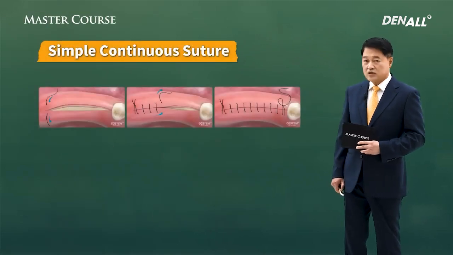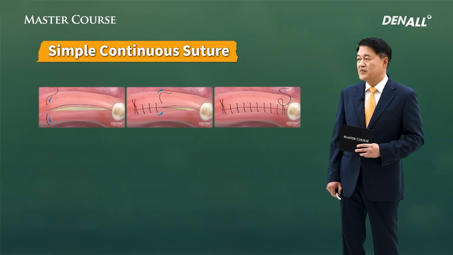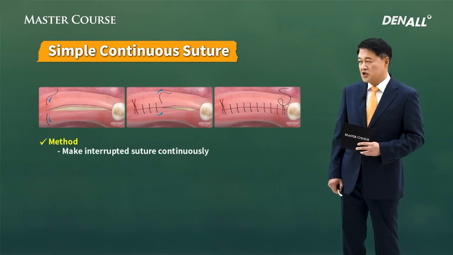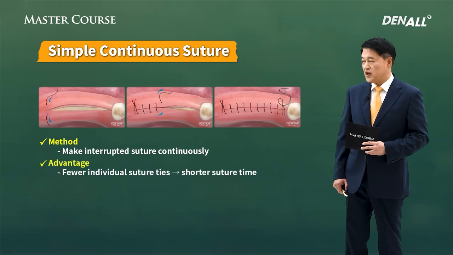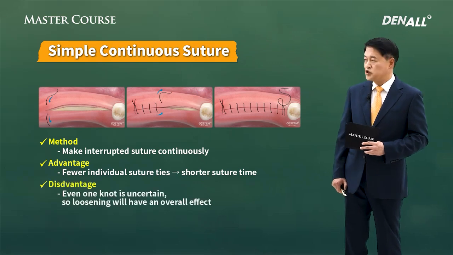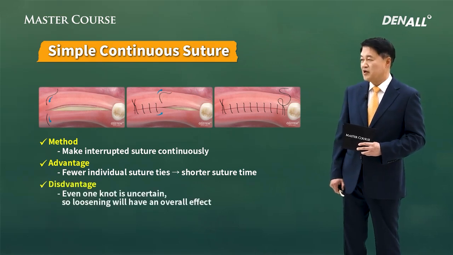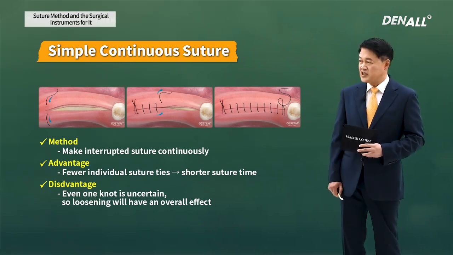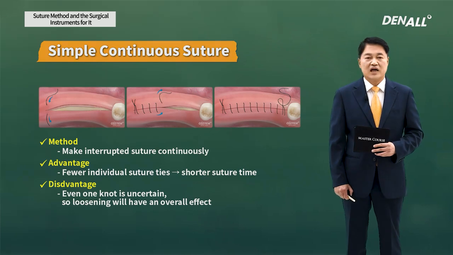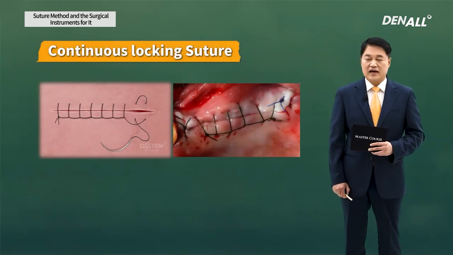Next, we have simple continuous suture. This is continuous interrupted suture, and if the incision line is long, you use this to reduce the suture time. The disadvantage is that it is a continuous suture, so if there is a loosening in one part, it could impact the whole thing. Next, we have continuous locking suture.